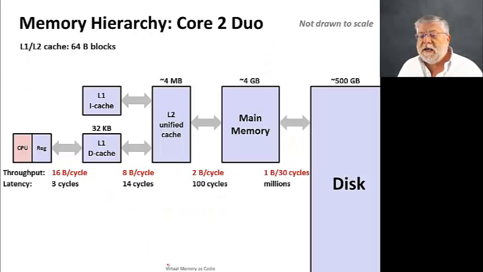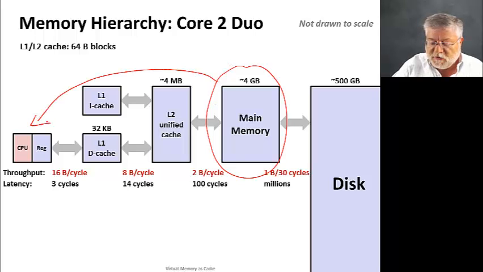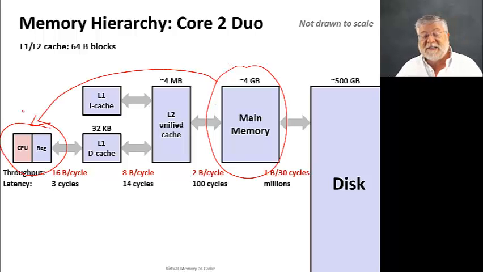Now, why do we bother with this kind of caching? Well, for the same exact reason we did before. Remember, before we had the problem of going from main memory to the CPU, to the registers, the fast memory inside the CPU.